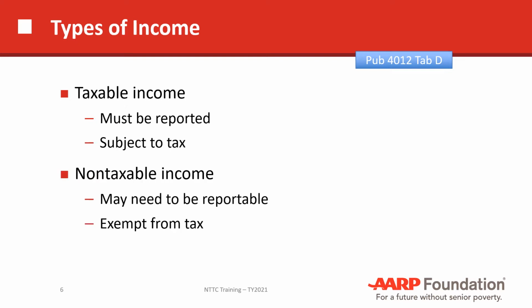Taxable income must be reported and is also subject to United States federal tax. Non-taxable income may need to be reported, but is exempt from tax. In some cases, non-taxable income does have to be reported because it plays into other calculations in the tax law that don't necessarily relate to taxability.